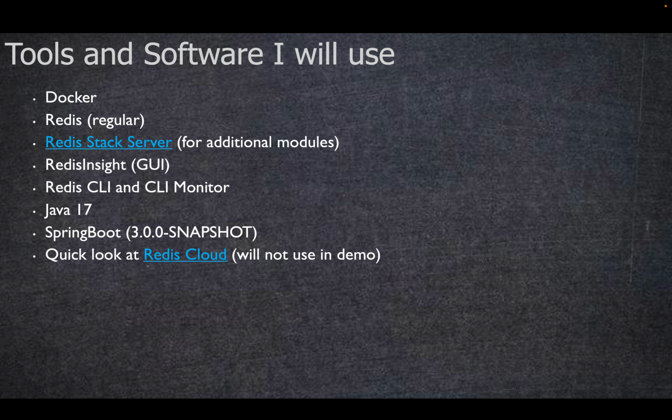Now coming to the tools and software I will be using, I will use Docker. The Redis services that I'm going to use will be hosted in a Docker container that's going to run locally on my laptop. The Redis service I would use is Redis itself, the regular one.